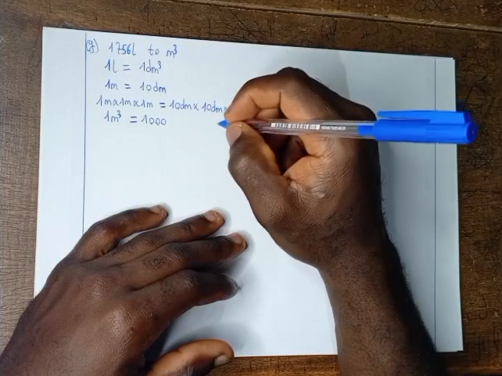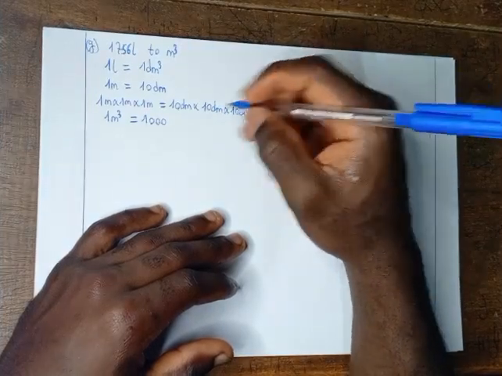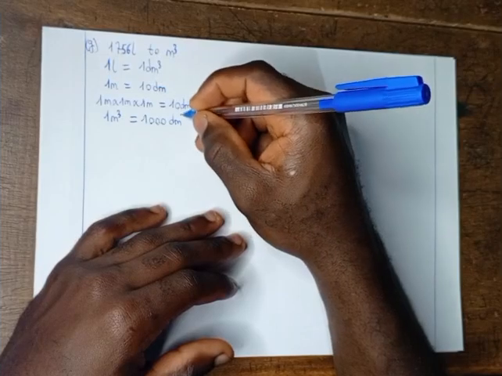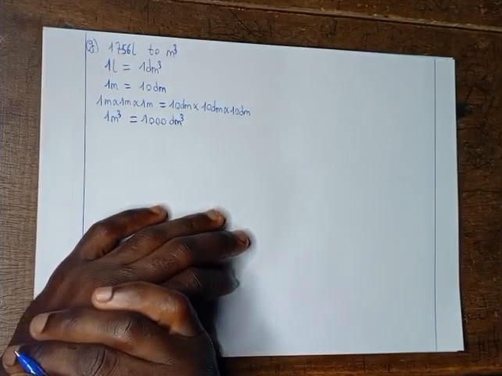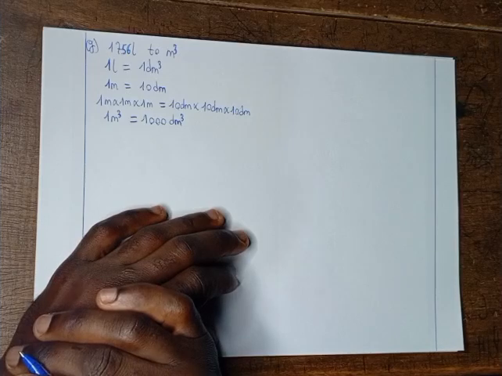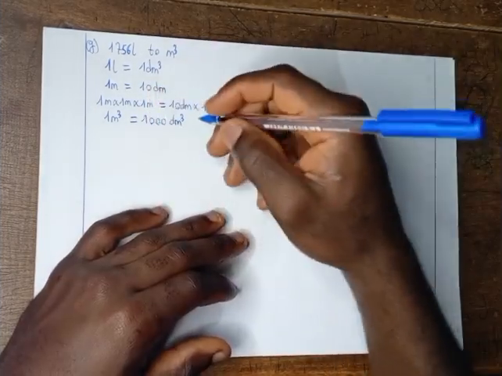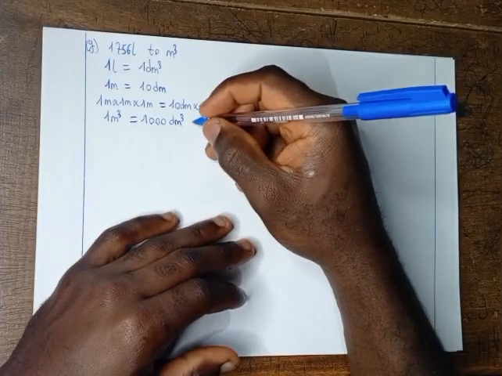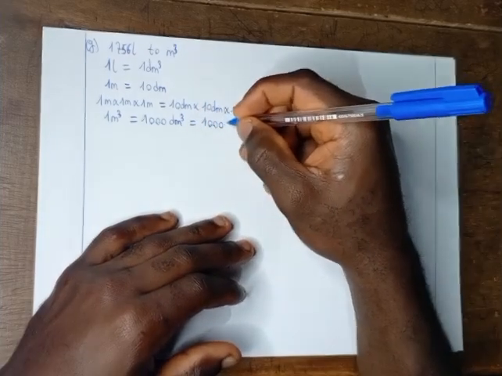Decimeter times decimeter gives us decimeter squared. Decimeter squared times decimeter gives us decimeter cube. So it simply means that 1 meter cube is equal to 1000 decimeters cube, which is the same as 1000 liters.